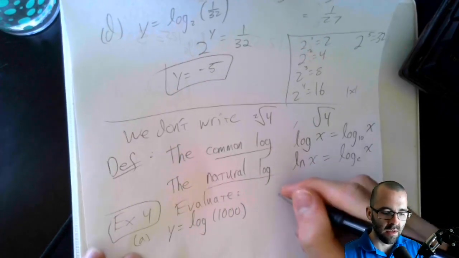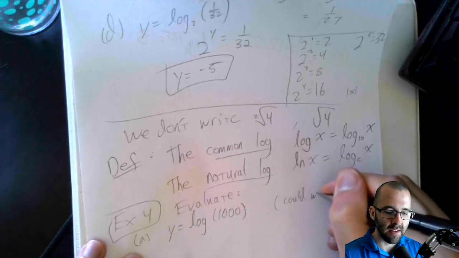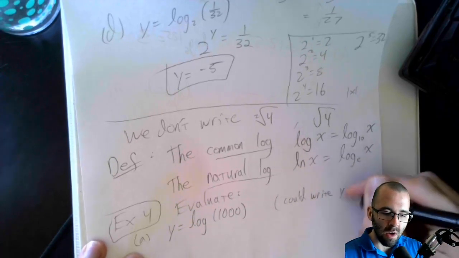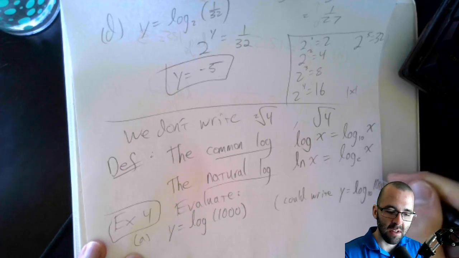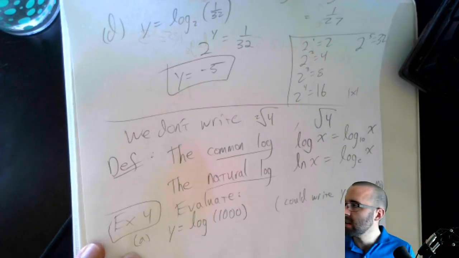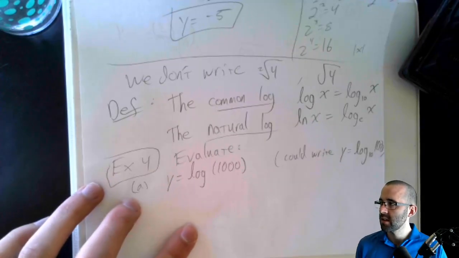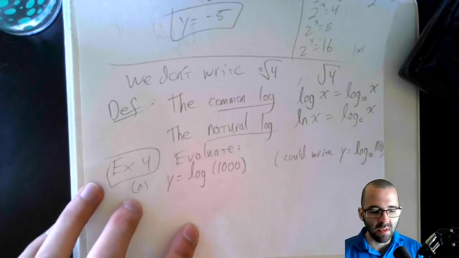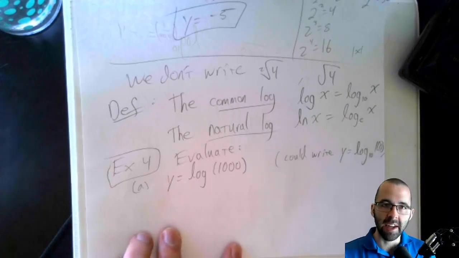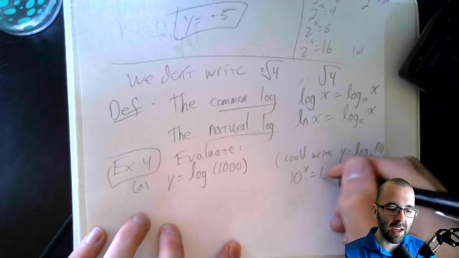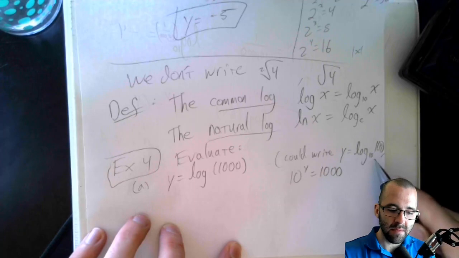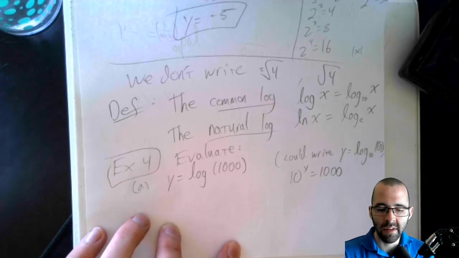You could write y equals log base 10 of 1,000 if you wanted to. The important thing is that we convert it to exponential form. Okay? 10 to the y equals 1,000. And then we can just get our answer that way.